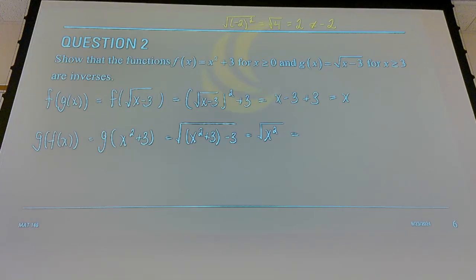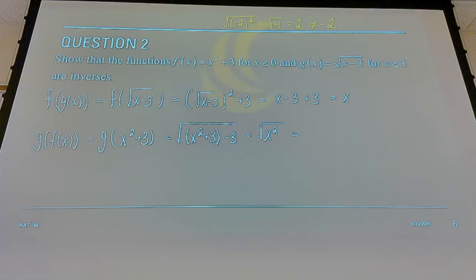How does 2 relate to negative 2 though? They are related.